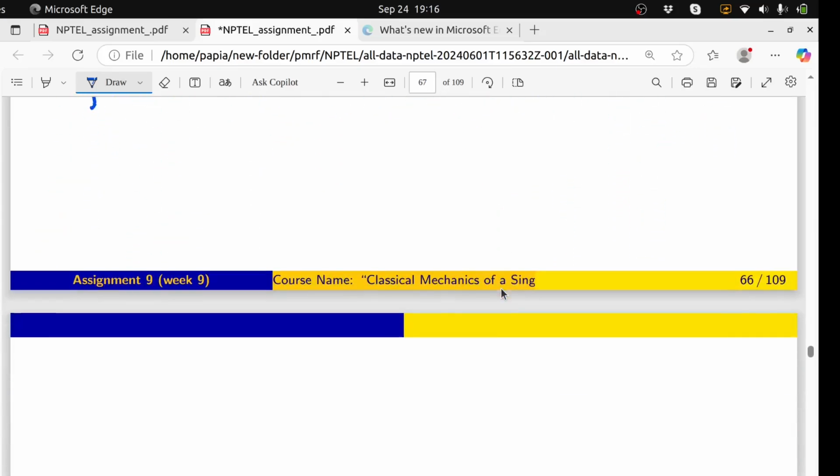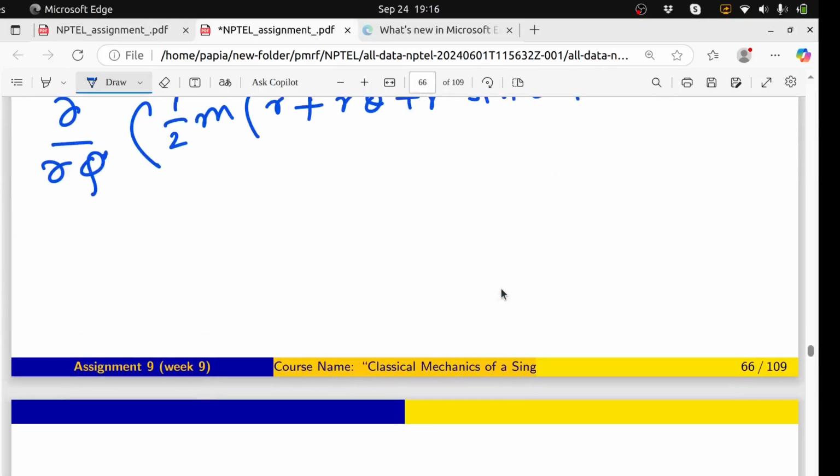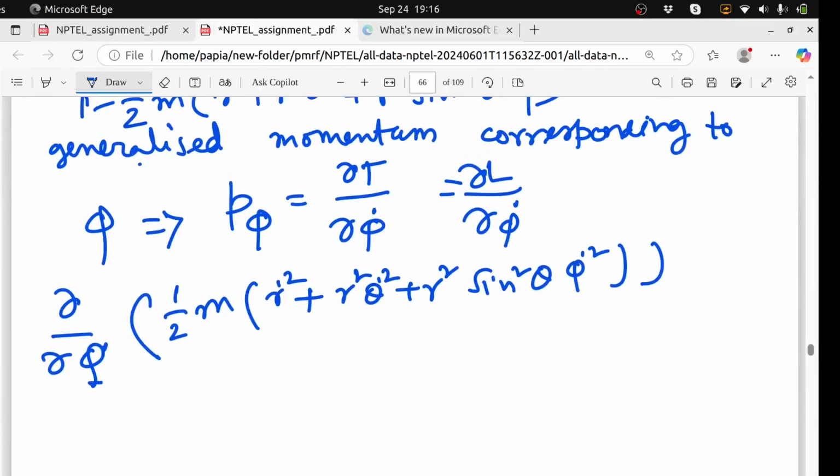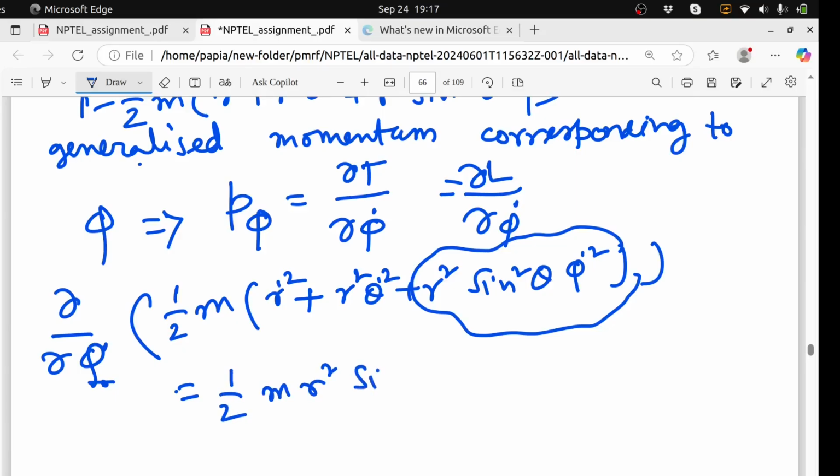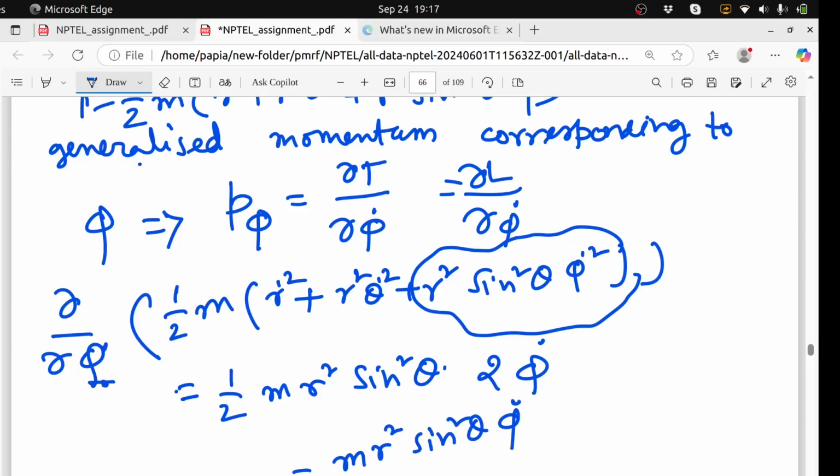So phi dot square is only present in this term. So it will be half m r square sin square theta into 2 phi dot. So m r square sin square theta phi dot.